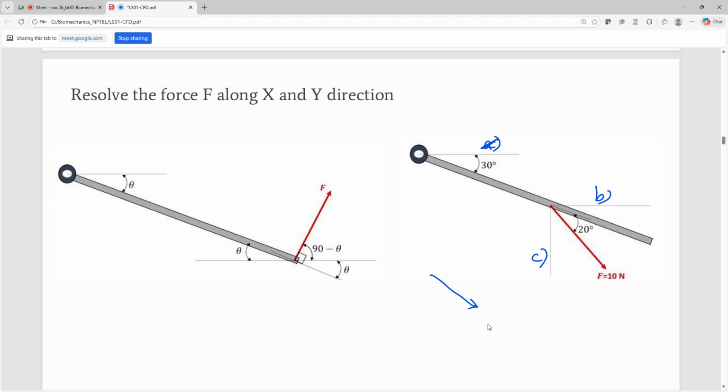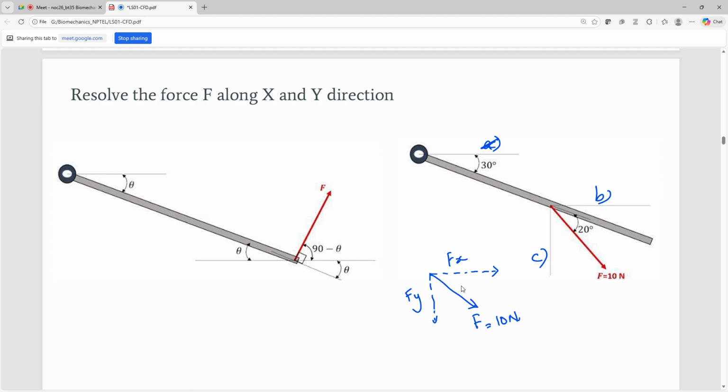This is force F, that is 10 Newton, and I want to find the x and y components of this force. So take it Fx and Fy. Fx is B and Fy is C.